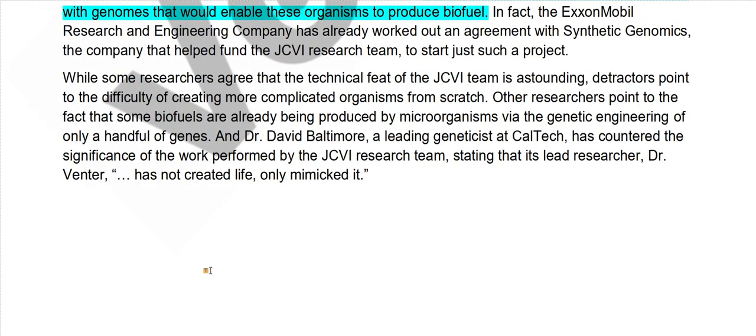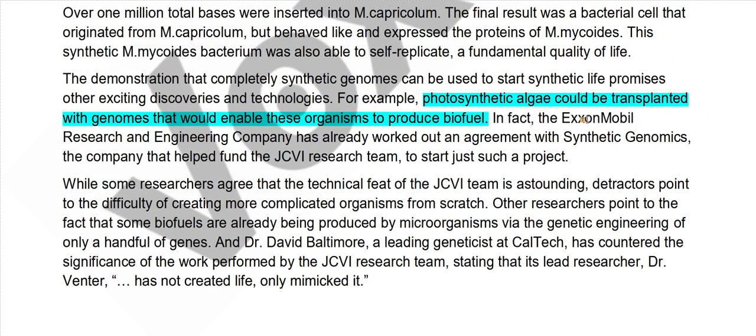So let's see. This is the keyword: ExxonMobil. "The ExxonMobil Research and Engineering Company has already worked out an agreement with Synthetic Genomics, the company that helped fund the JCVI research team, to start such a project." So this research team is not funding anyone.